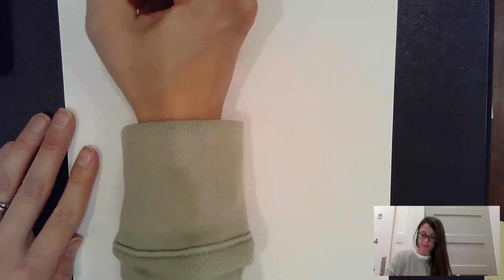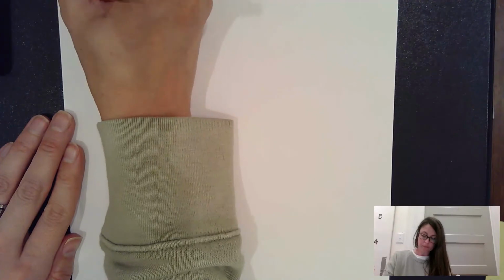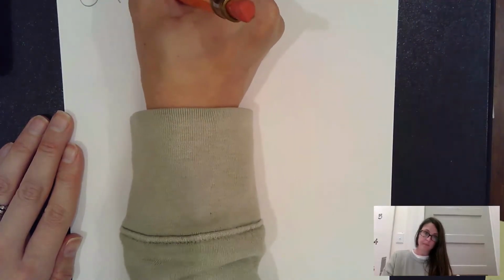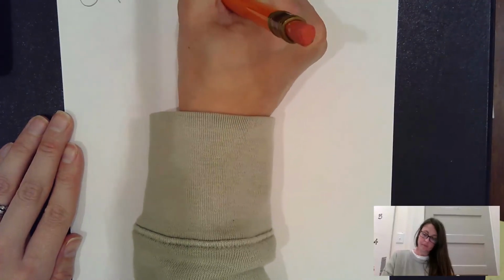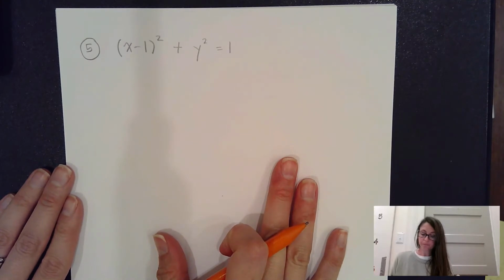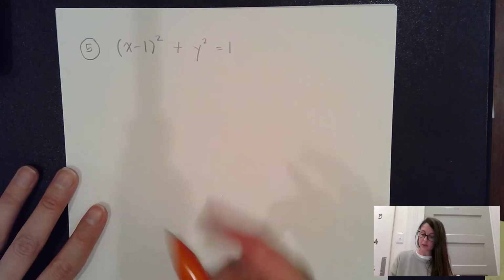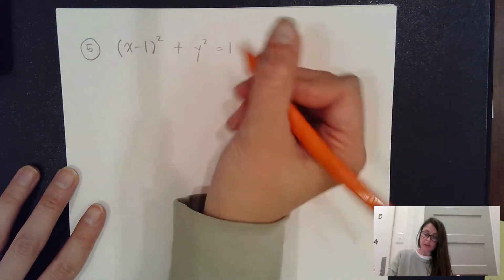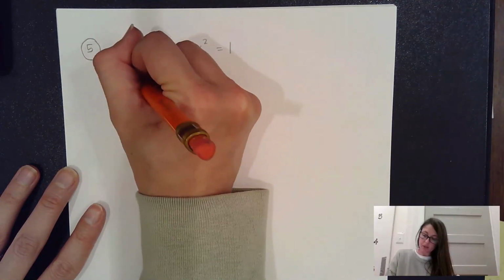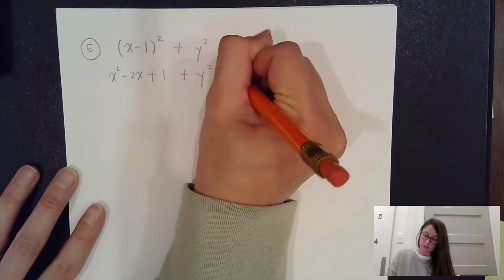All right, what about this one? Okay, I can do the same thing, or let's go ahead and simplify this a little bit. If I multiply this out, this will be x squared minus 2x plus 1 plus y squared is equal to 1.